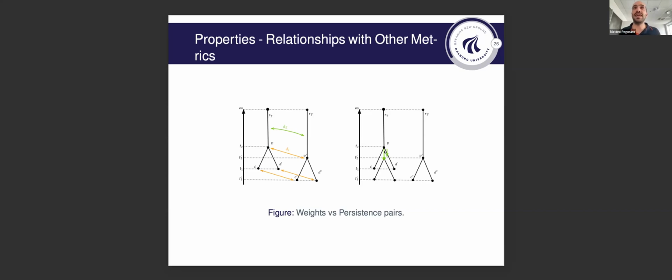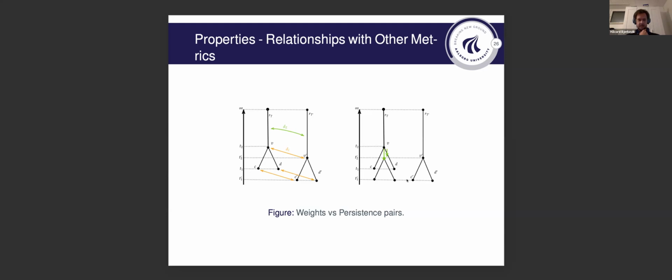If you take this edge here and increase its length, you are at the same time moving downwards all the other vertices in the tree. So instead of matching all these vertices, you just need to slide this vertex downwards and the trees become the same. So it's more focused on the relative positions of the persistent pairs instead of just matching the persistent pairs.